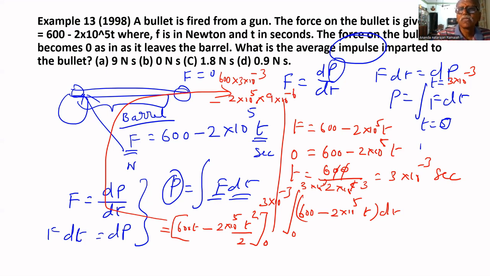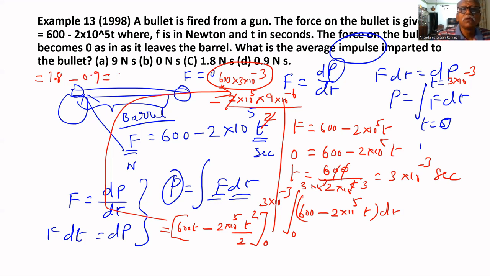So 600 times 10 power minus 3 gives 1.8. In the second term, 10 power minus 6 times 10 power 5 gives 10 power minus 1, and divided by 2, the 2 gets cancelled, giving 0.9.